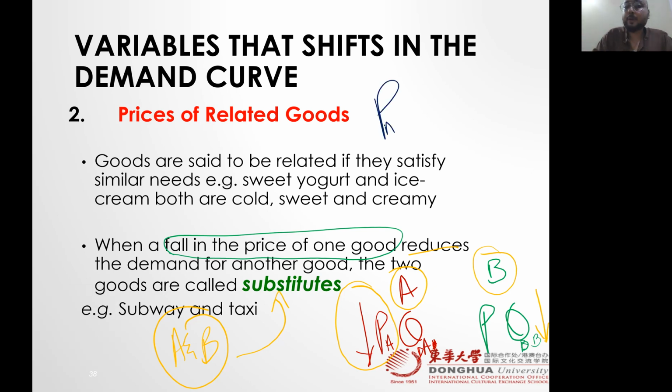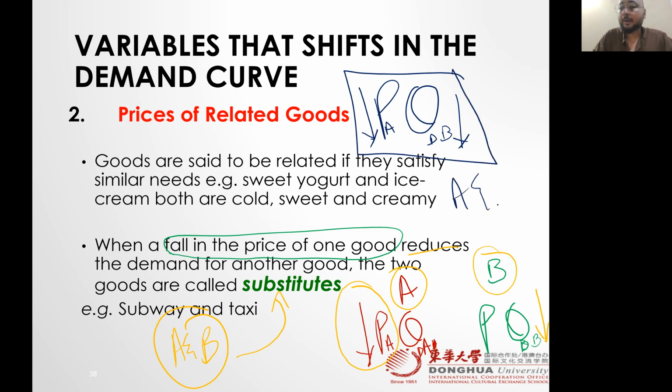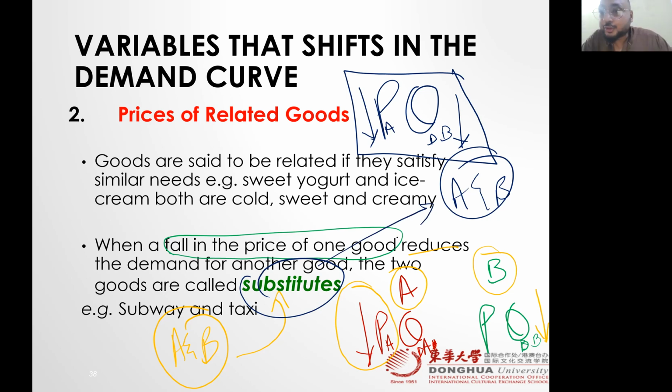Again, when price of product A decreases, it causes quantity demanded of product B to decrease. We call this A and B are substitutes. And why is that?